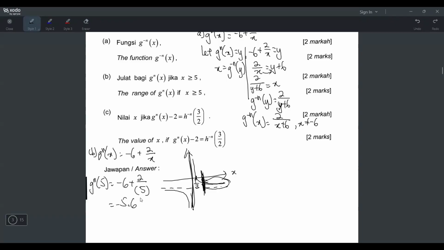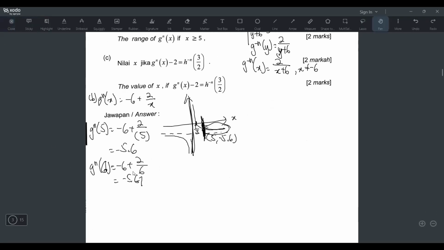That means when the x coordinate is 5, the y coordinate is -5.6. But what if the x coordinate is 6? You will end up with -6 plus 2 over 6. If you press the calculator, -6 plus 2 divided by 6 is -5.66666, so -5.67. Just write 2 decimal places.